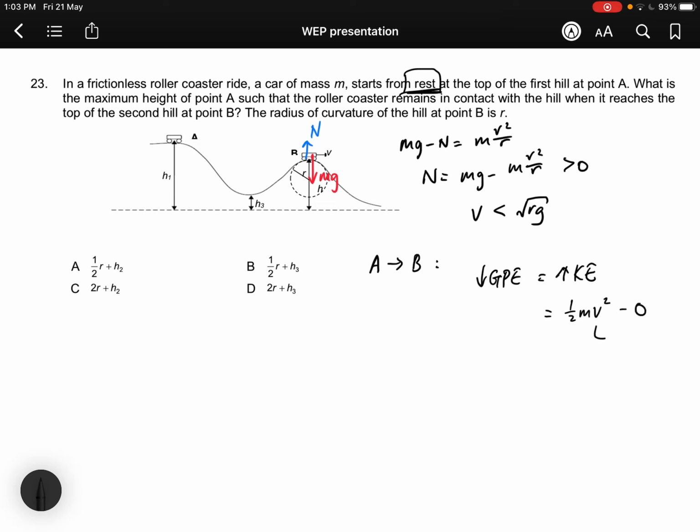And this v has to be less than square root rg, so v square is lesser than rg. Loss in GPE is equal to m times g times h1 minus h2.